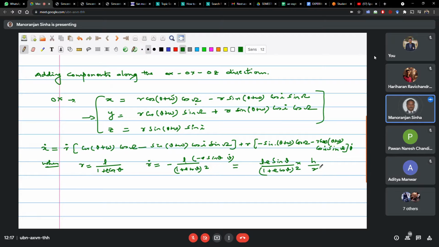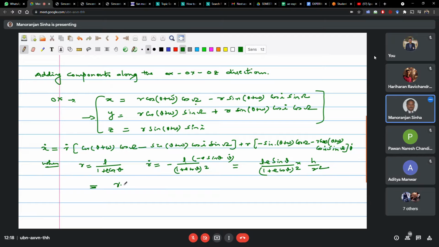Theta dot is equal to h by r square. So L by 1 plus e cos theta, this is nothing but r.